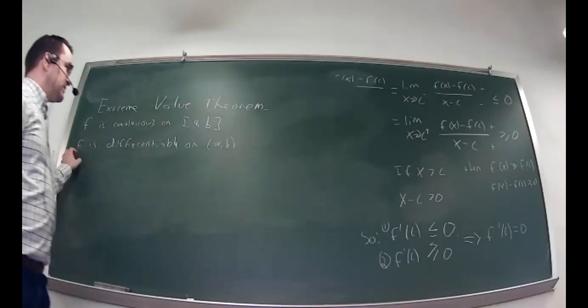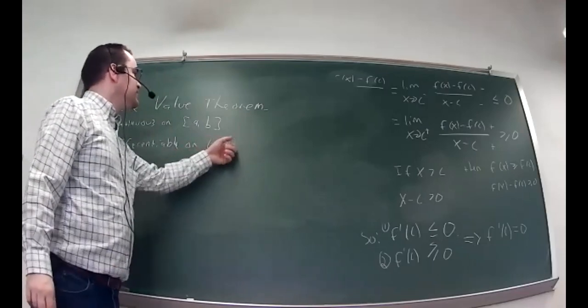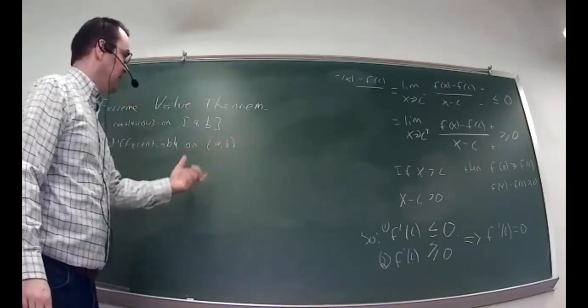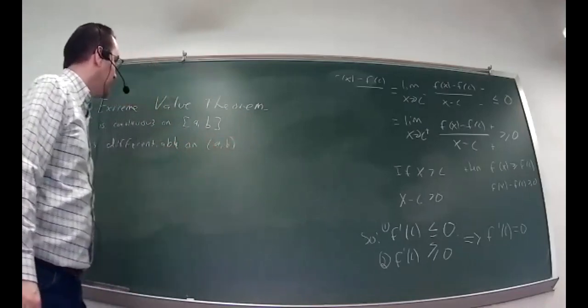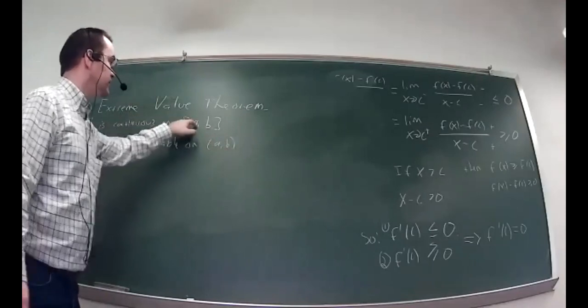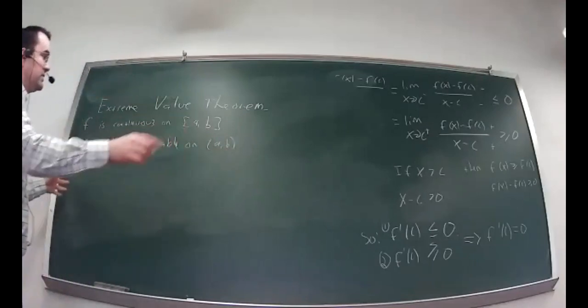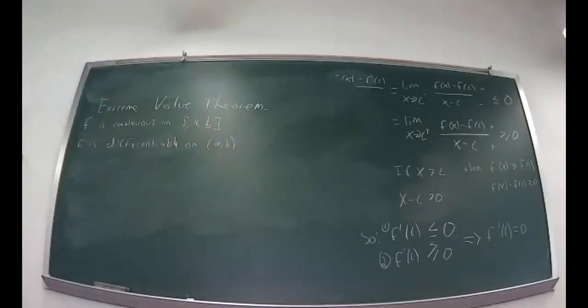That is to say, suppose that f is differentiable at every single point inside the interval. It may not be differentiable at the endpoints, doesn't matter, as long as f is continuous at the endpoints and of course at every point in between.